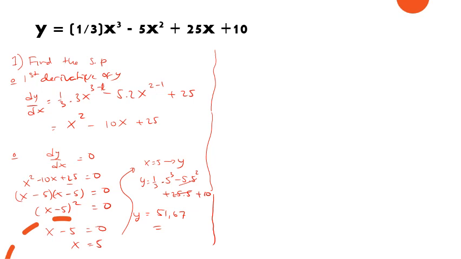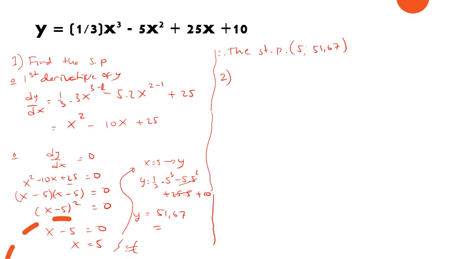So the stationary point will be (5, 51.67).